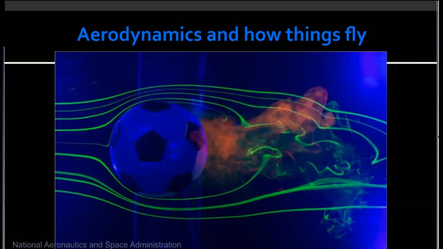Now the green dye shows the water flow around the soccer ball, and that pink dye is actually injected separately behind the ball to be able to see the low pressure zone and how that affects it. And you can see the flow is connected.